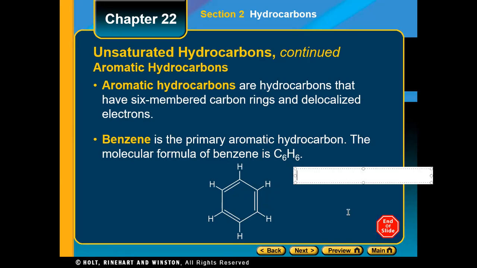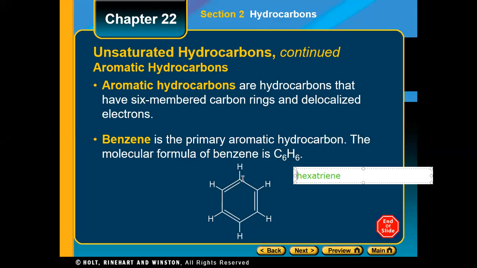Can anybody tell? The actual name? Yes. Hexatriene. Hexatriene. But where are these 3 double bonds located?